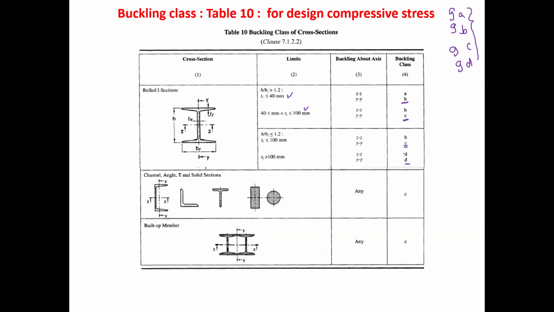Then we have the channel, angle, T and solid sections. For any single section, the buckling class is C, and for any built-up section we have buckling class C. From this we decide whether table A, B, C or D we have to use.